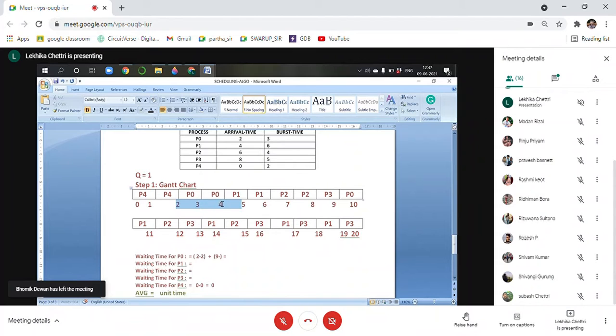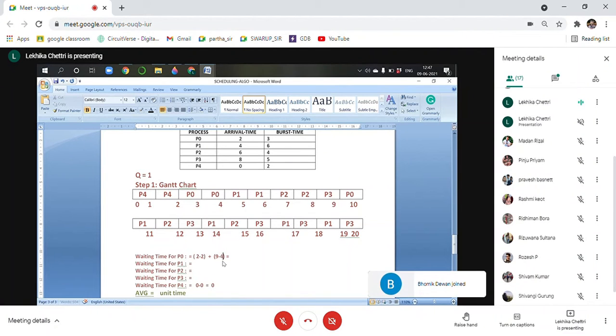After that, it was there in the CPU till time 4. So 9 minus 4. So how much do we get? 2 minus 2, 0, plus 9 minus 4, 5. 0 plus 5, it will give me 5 waiting time. Is it clear? Any doubt?